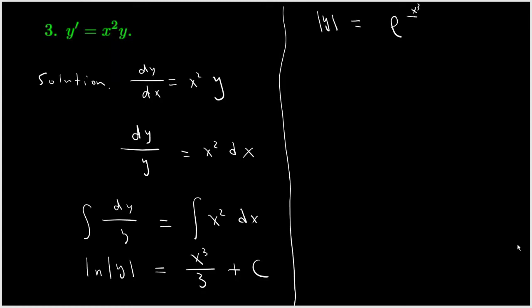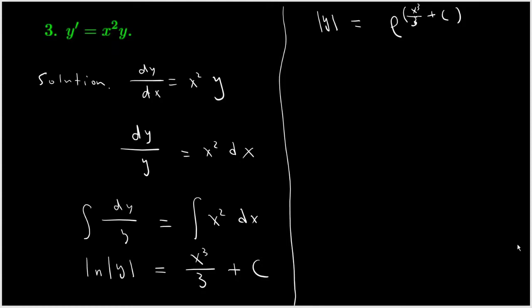You're not done yet, okay? x cubed over 3, and then plus c. Can I use brackets here? I just want to indicate the whole thing in the brackets as the exponent of e. The whole thing in the brackets is the exponent.